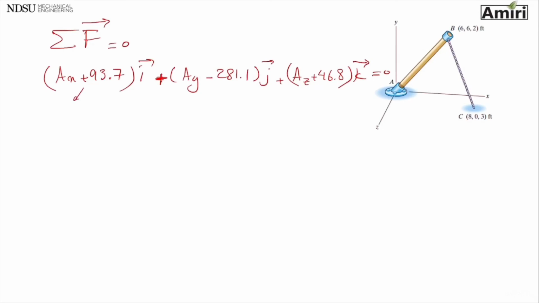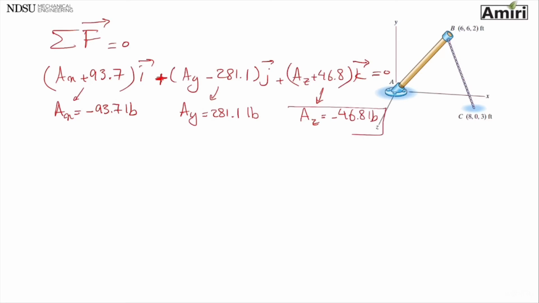That means this needs to be 0, so AX is minus 93.7 pounds. This needs to be 0, so AY is 281.1 pounds. And AZ is going to be minus 46.8 pounds. So those are my 3 forces.